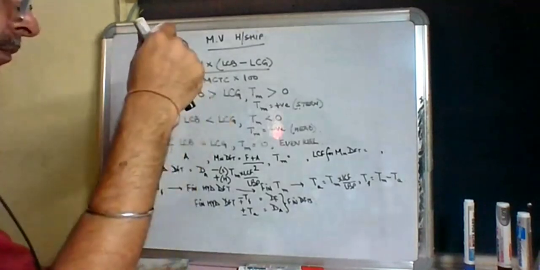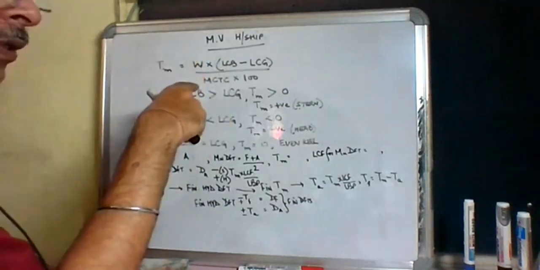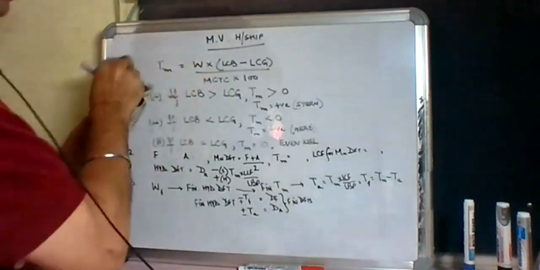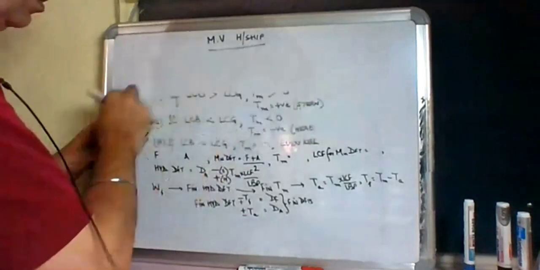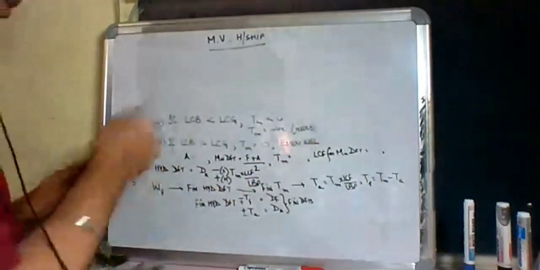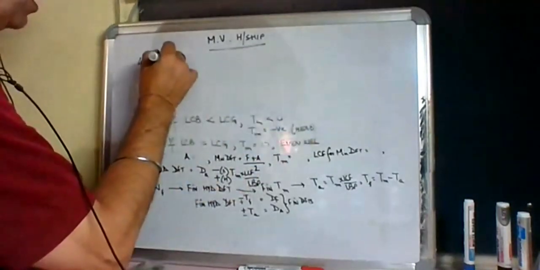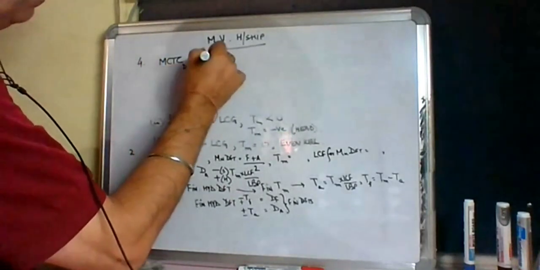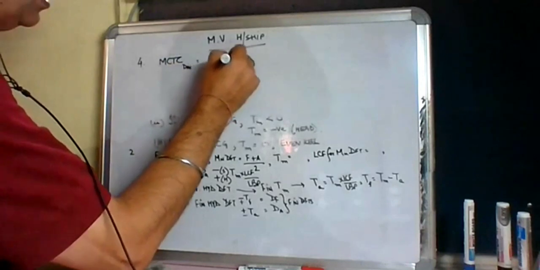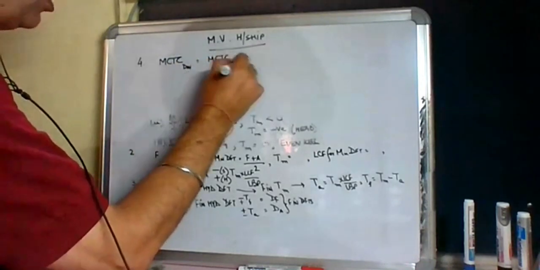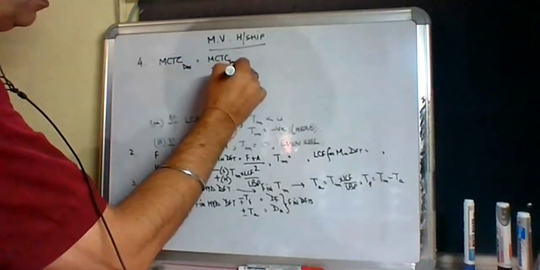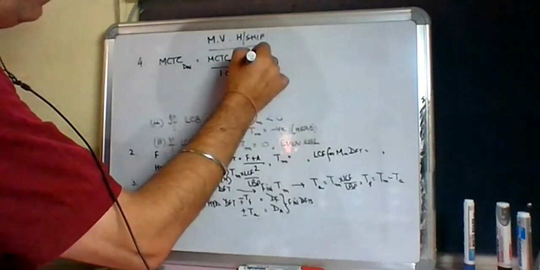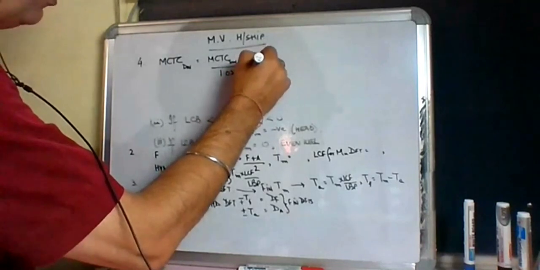MCTC changes with density. So therefore, MCTC, if you are in dock water, will be MCTC salt water divided by 1025 multiplied by density of dock water.